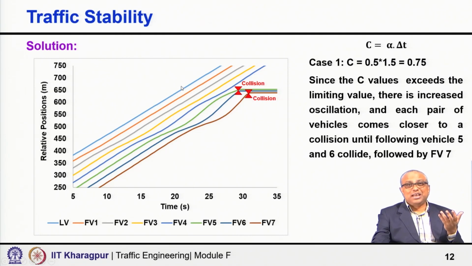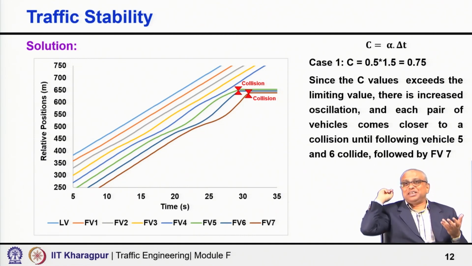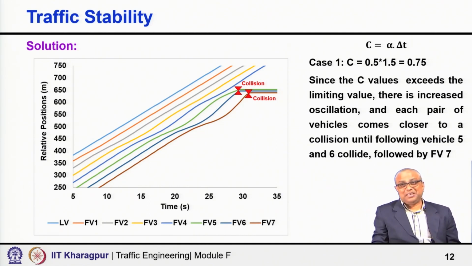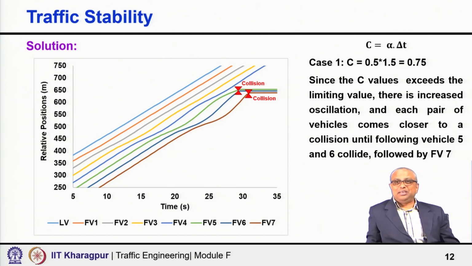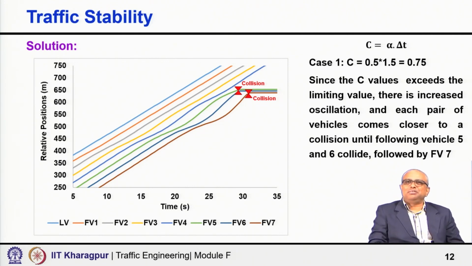So, even the next vehicle also will go and collide. Something happened in the front, but the impact is felt somewhere in the upstream vehicles, and eventually we find the collision is happening. In fact, it happens so in reality. That is what is captured, right. That is the whole attempt, to capture that behavior.